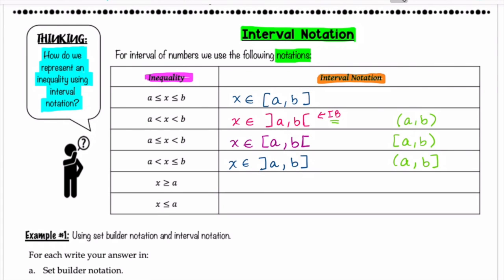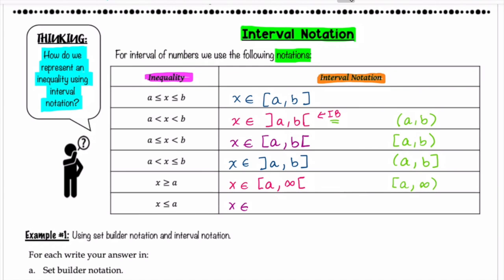Then we have been given X is greater than or equal to A. So X is an element of. A is going to be included all the way to positive infinity. And infinities are never included, which means backwards bracket. We would have written it as, and the last one here, X is less than or equal to A. So similar to the previous one, we have X is an element of.